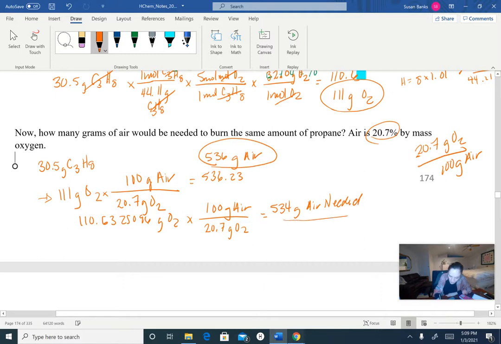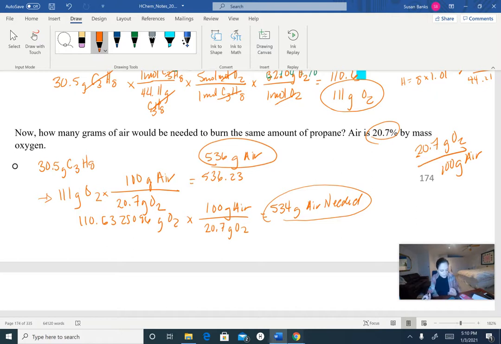So notice how much rounding changes what's going on, okay? So when you are calculating something, don't round until the very, very end, okay?